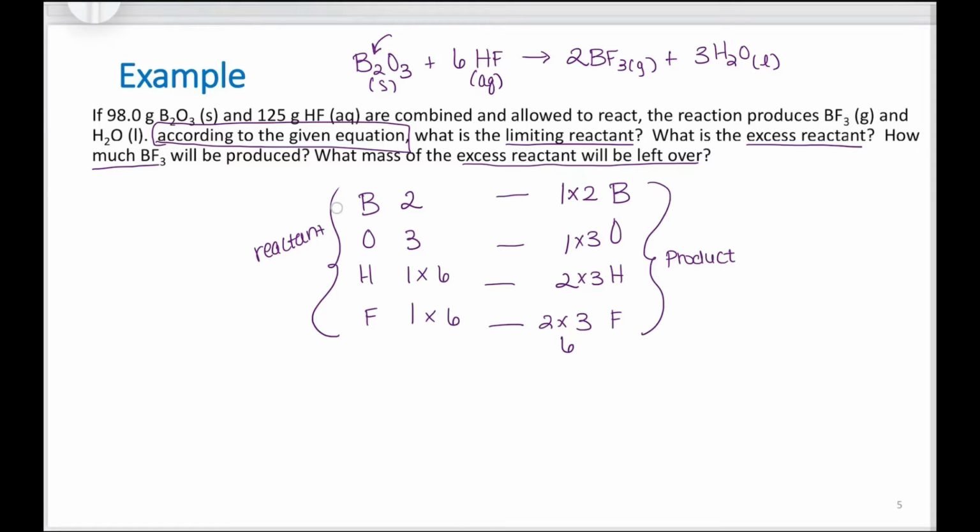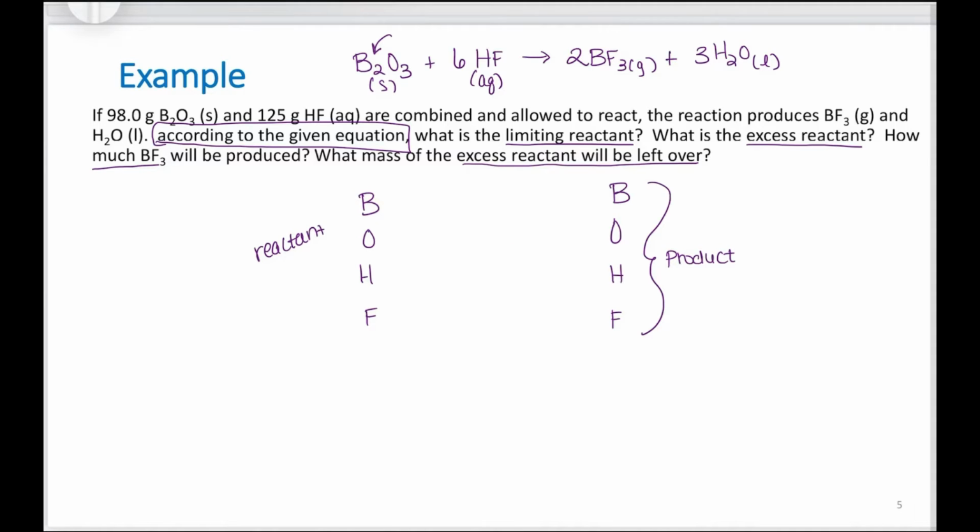It's always a good thing to just check to make sure. Until you get real comfortable balancing out these reactions, I highly recommend you just go through and make sure that everything is balancing. So when I look at my reactant side, I've got 2 borons, 3 oxygens, 6 hydrogens, and 6 fluorines.